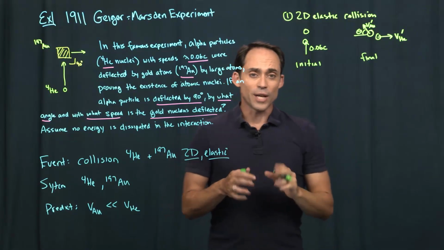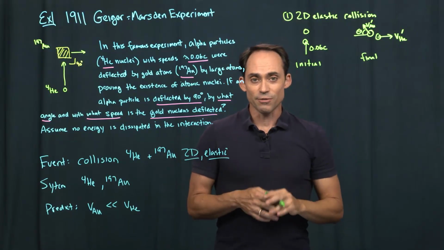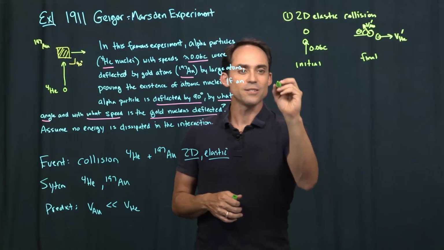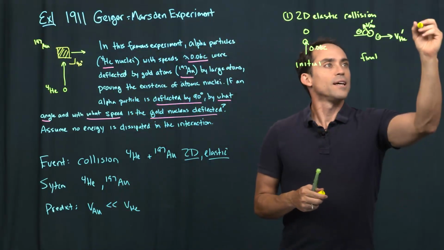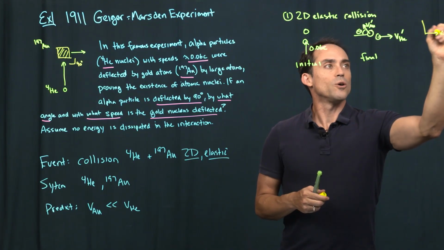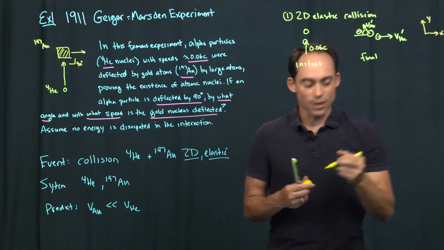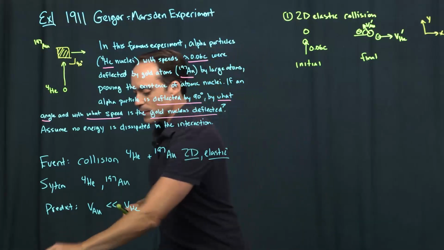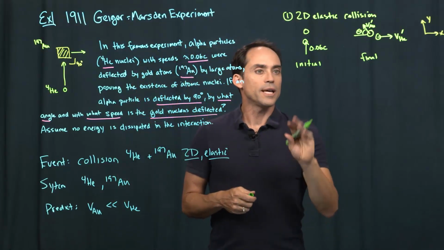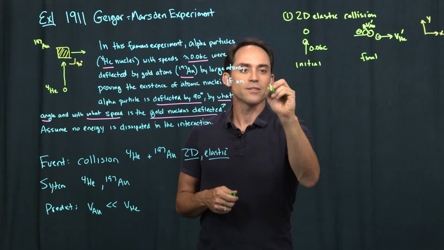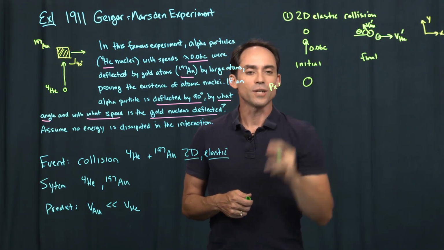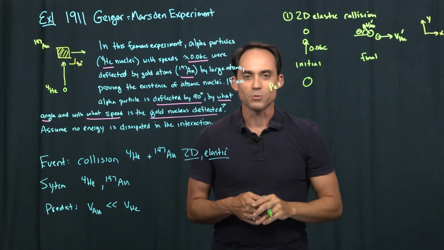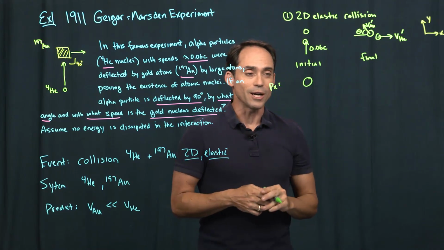All right, so now let's start to write down our initial and final momentum along the different axes. I'm going to make sure I set a coordinate axis here, and I'm going to choose x to go in the horizontal direction and y in the vertical direction on the board. And so we can write down our x momentum. That's going to be 0 in our initial case because the alpha particle is moving straight vertically, at least in this diagram.